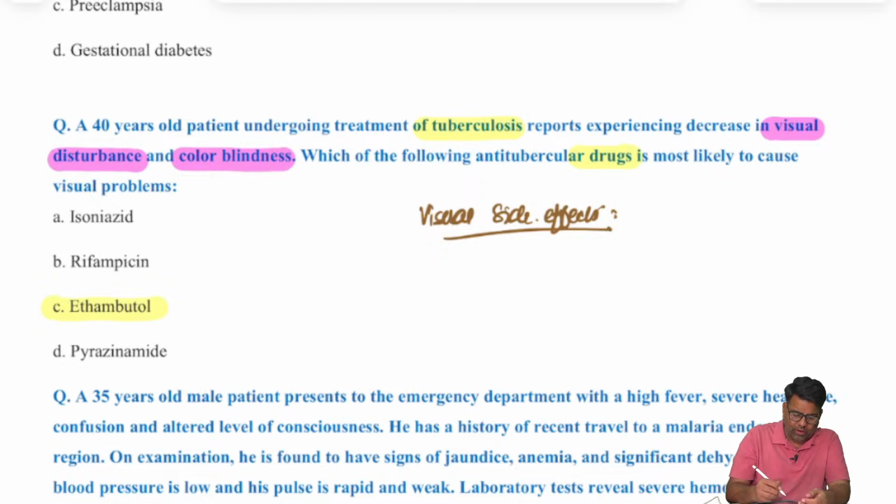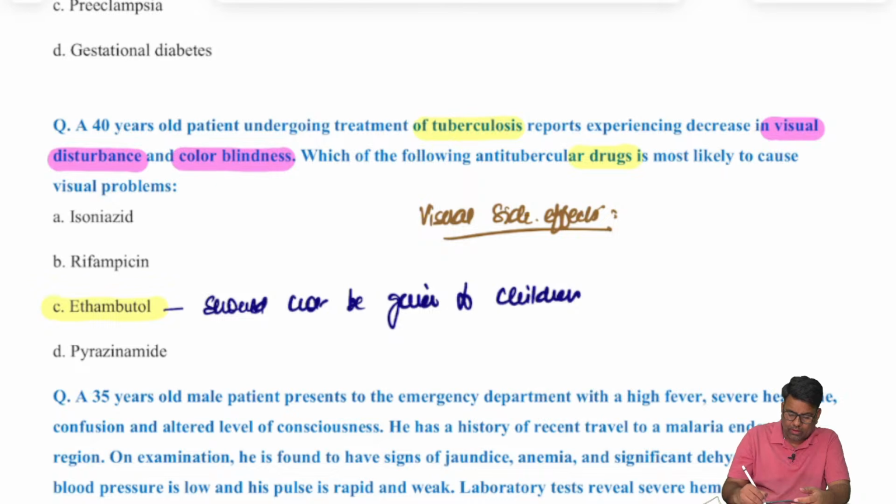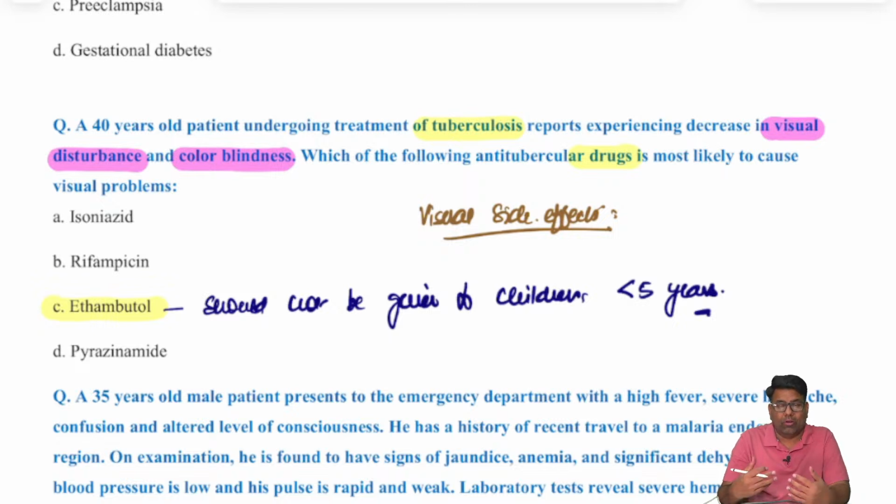So since ethambutol can affect visual acuity and other things, it should not be given to children less than 5 years. Now the reason is very obvious, because they are not in a position to notice these visual disturbances.